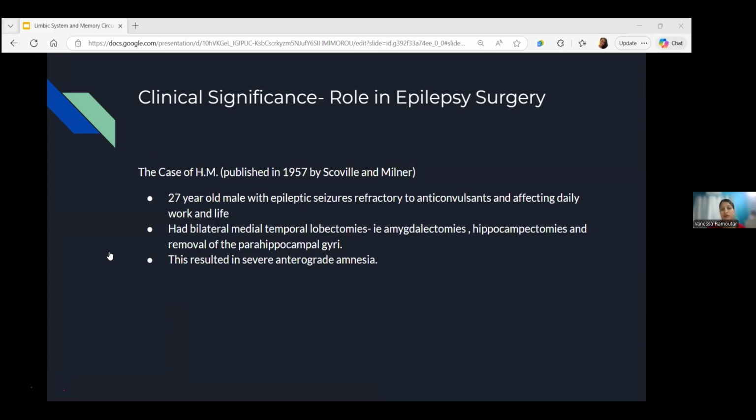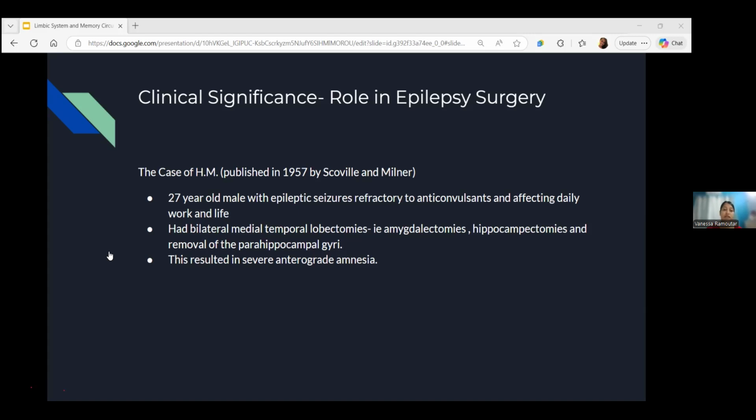Okay. So it also plays a major role in epilepsy surgery. Knowledge of the anatomy and functions discovered over the years has played a significant role here. In 1953, Dr. Scoville, an American neurosurgeon, performed bilateral medial temporal lobectomies on a patient named HM.